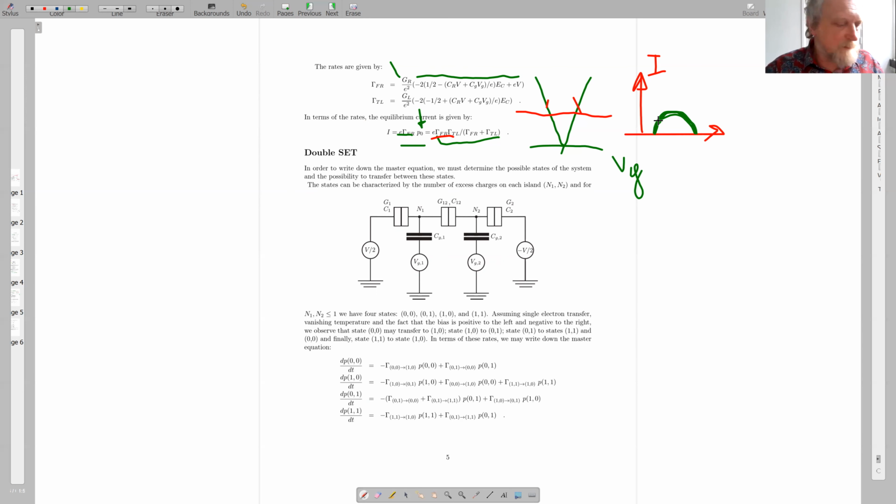So it was a simple extension of the lecture about Coulomb blockade. Let us see what we can do now.